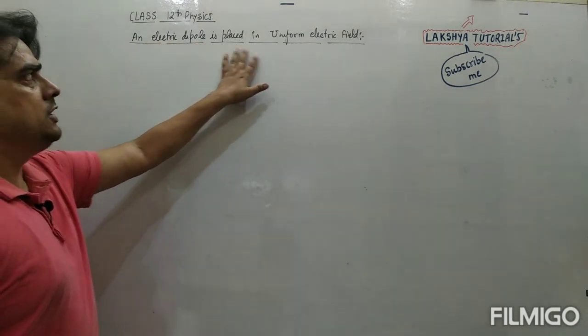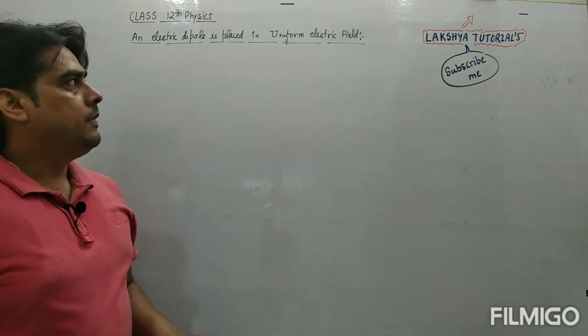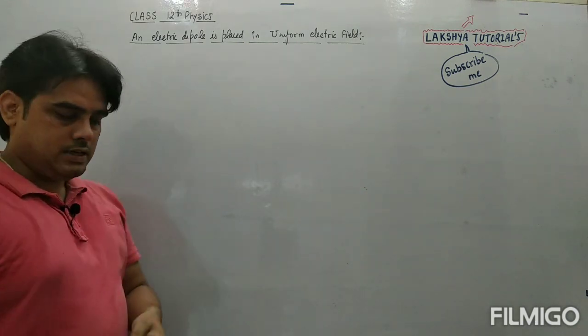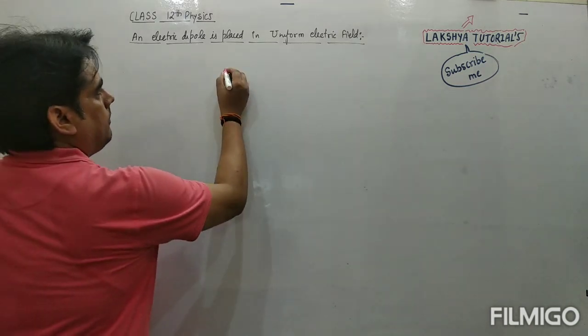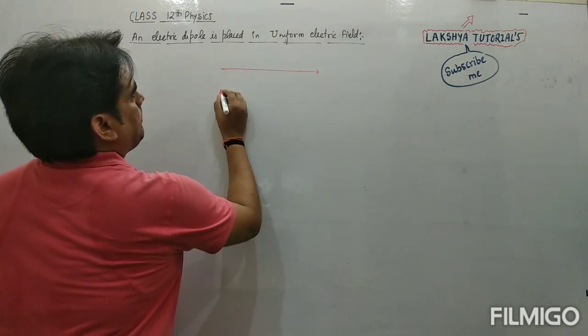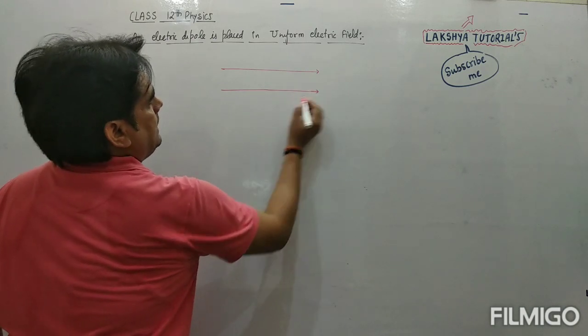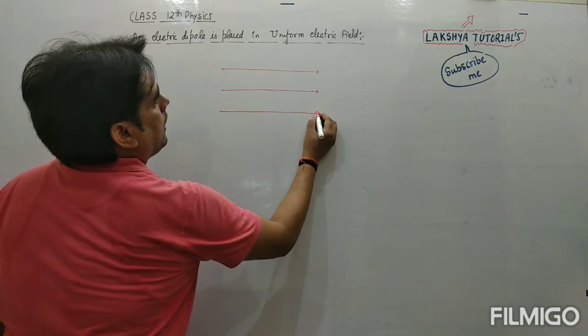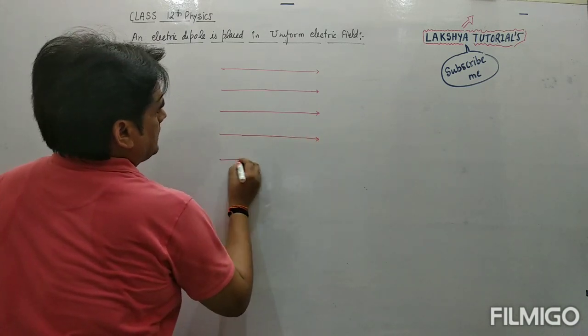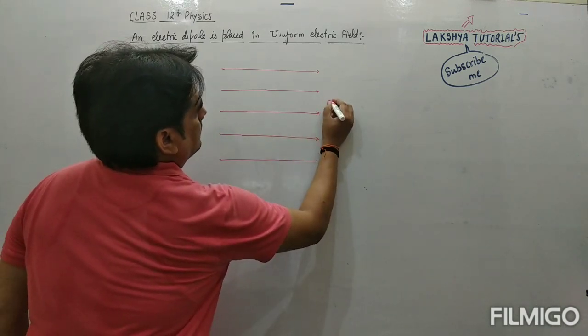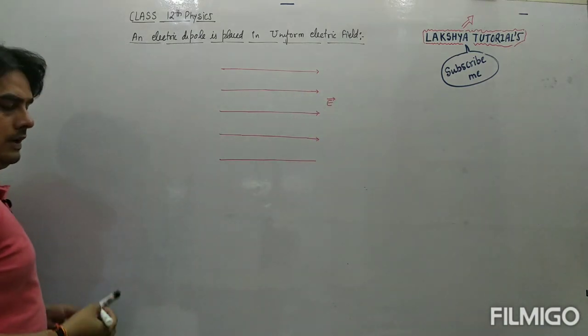an electric dipole placed in a uniform electric field. Let us consider that this is a uniform electric field. The parallel and equidistant lines show the uniform electric field, and this is the direction of the electric field.